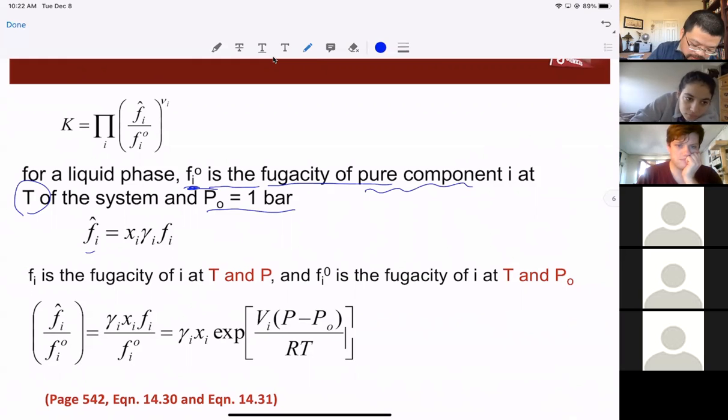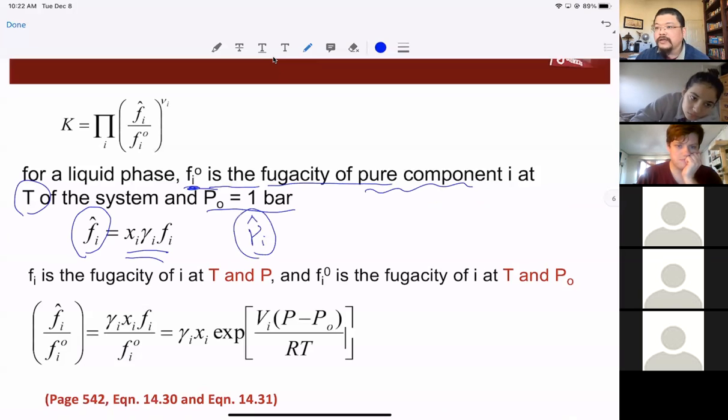And then number 2 is for the Fi hat in the mixture, you can always convert that into Xi, activity coefficient, and Fi. You may recall that why, how about this? Do we have that?